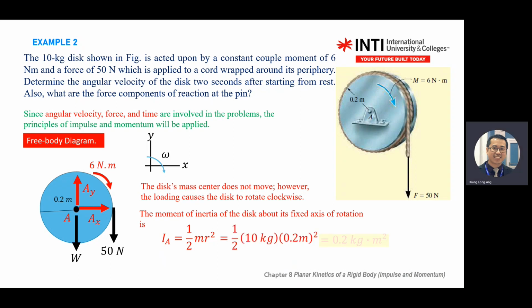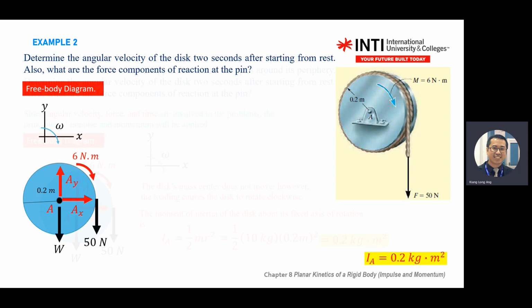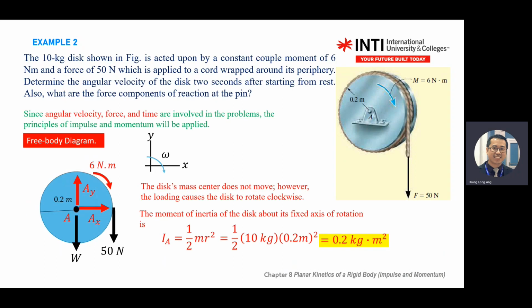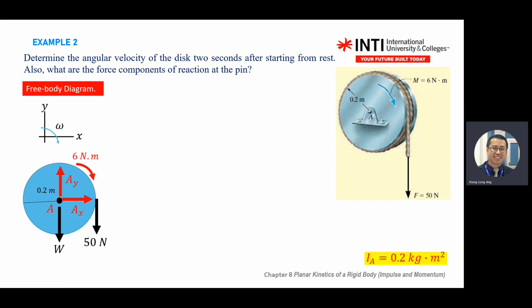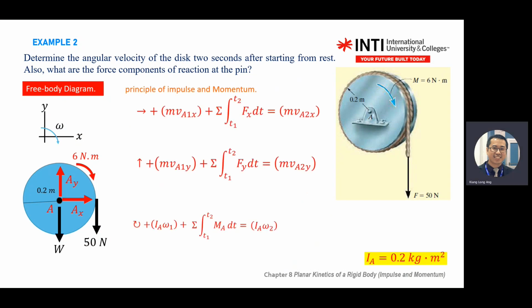If you really don't know how to find this equation, just go to the table, look for the shape, and look at the center equation, then substitute. Then, application of the principle of impulse and momentum.